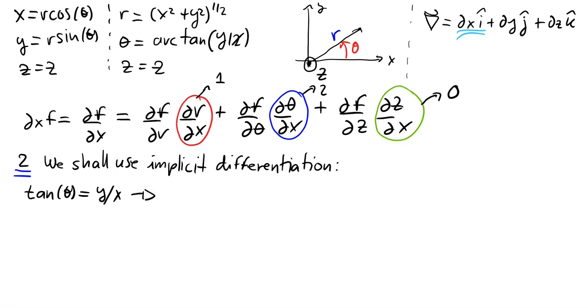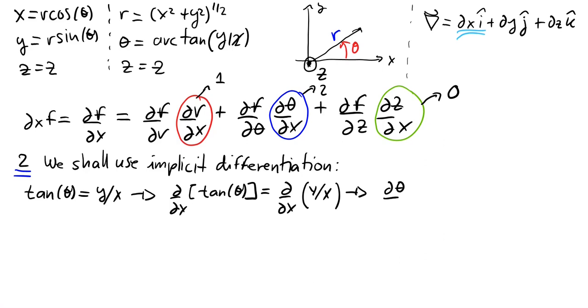Thus, if we take the derivative of the tangent of theta with respect to x, we must also take the derivative with respect to x of y divided by x. On the left-hand side, since theta depends on x, we use the chain rule to calculate the derivative. On the right side, the derivative is negative y divided by x squared. Be careful with the negative sign, it is important.